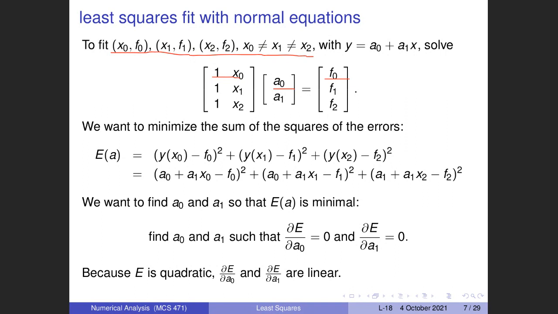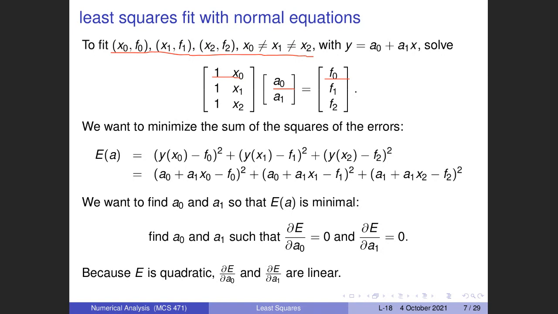So this system here, I no longer wrote it in the full form, but you can see that this is the same as requiring the interpolation conditions. But of course, we can no longer do this with the interpolation conditions.